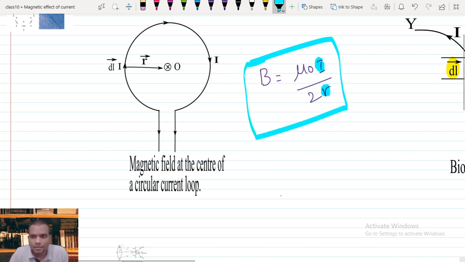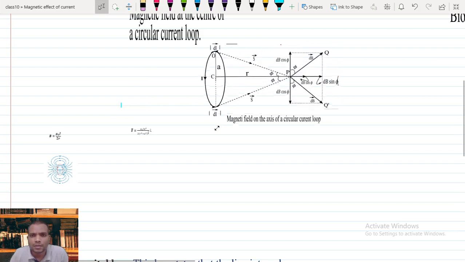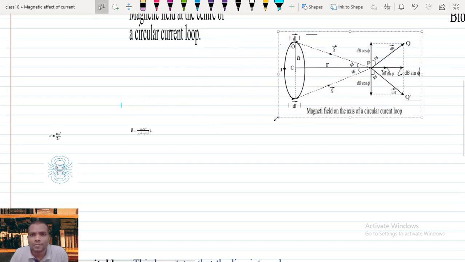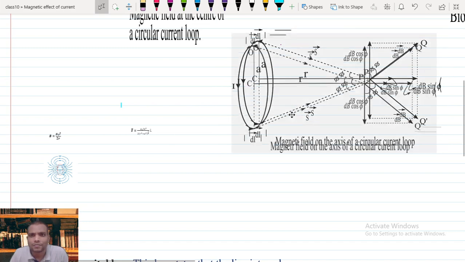Later we applied the same case to a current carrying conducting loop, but at a position along its axis.